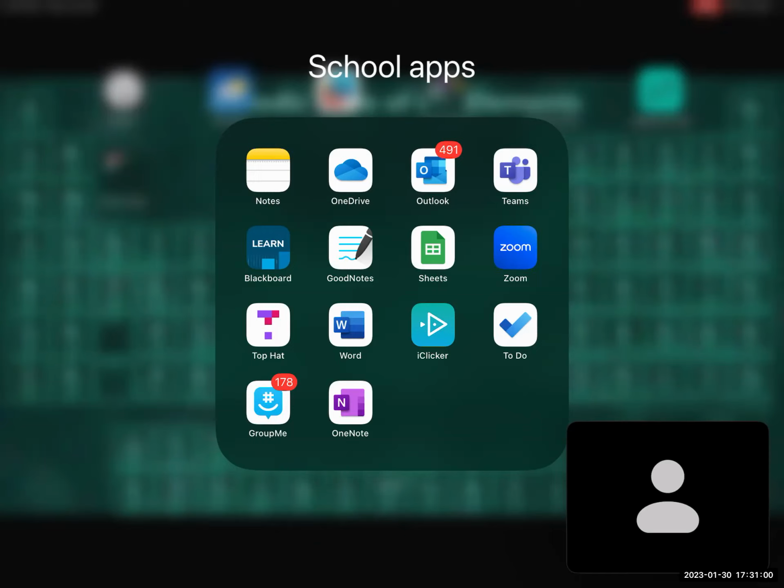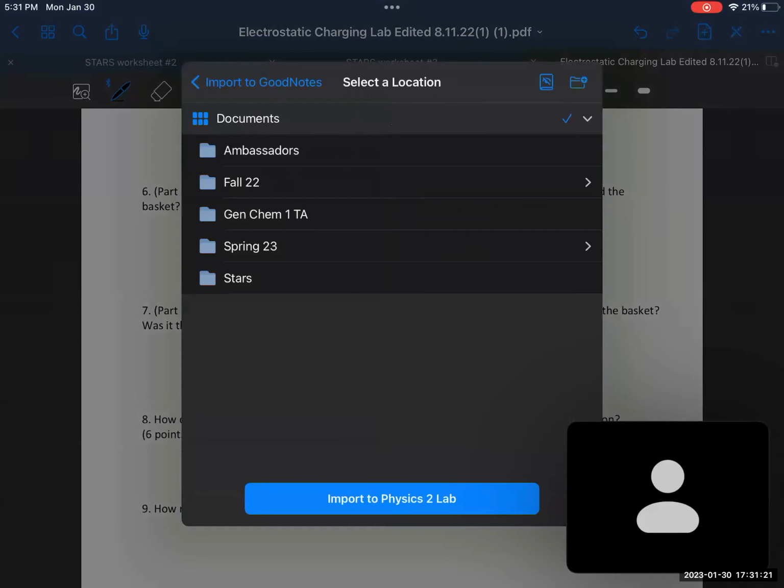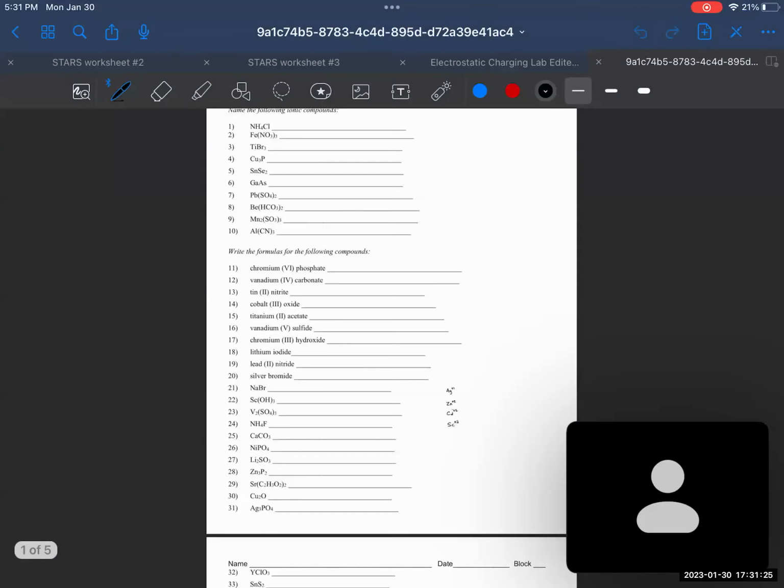If we do that over here. Oh, this, import a new document here.